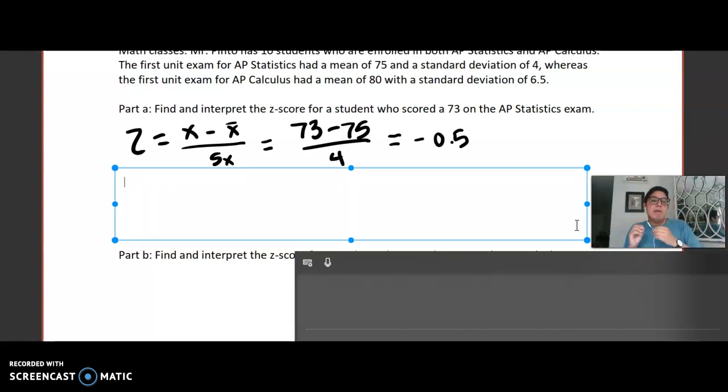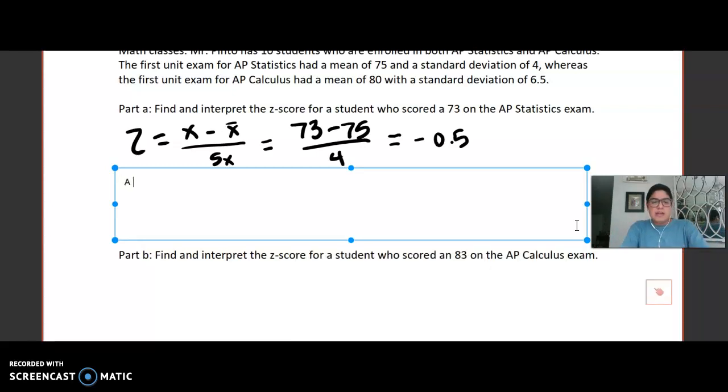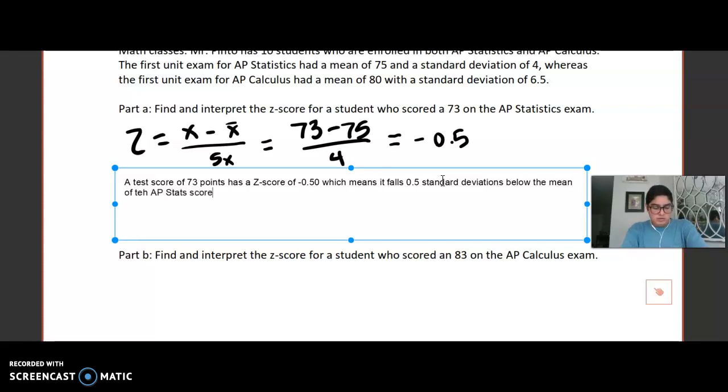We're just going to say above or below. So a test score of 73 points has a z-score of negative 0.50, which means it falls 0.5 standard deviations below the mean of the AP Stats scores of 75 points.